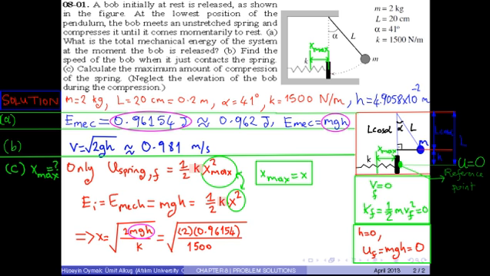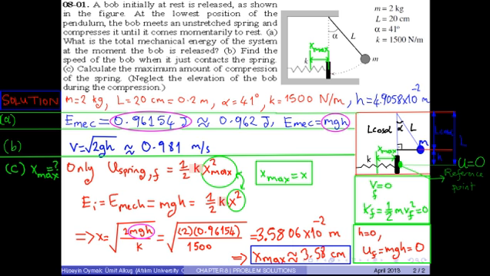For simplicity, we can use the value of m times g times h as we have obtained in part A. Also, if you put the value of k into this equation as 1500 newtons per meter, with the result 3.5806 times 10 to the power minus 2 meters. Hence, the maximum amount of compression of the spring is approximately 3.58 centimeters.